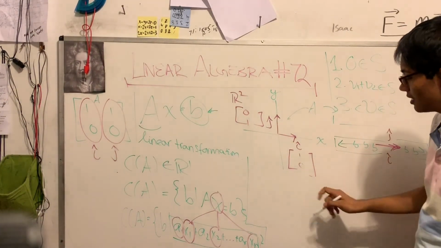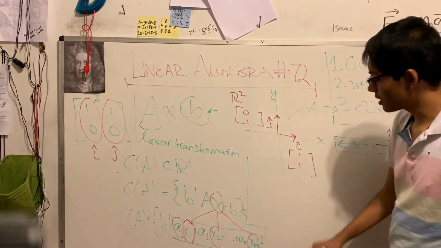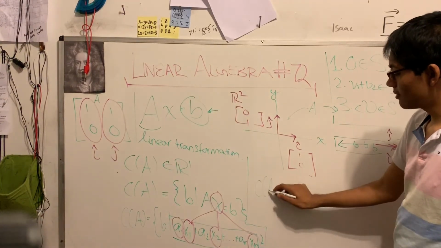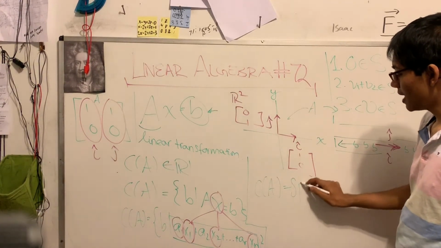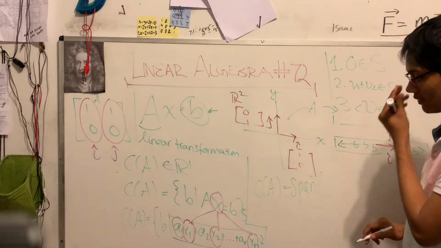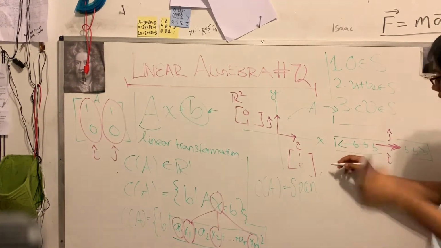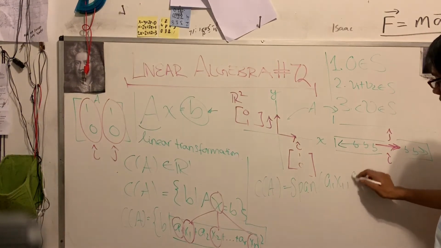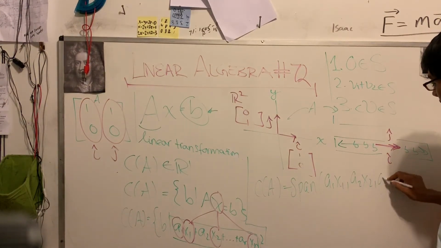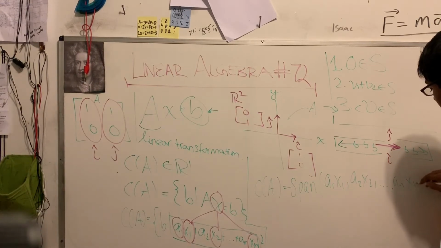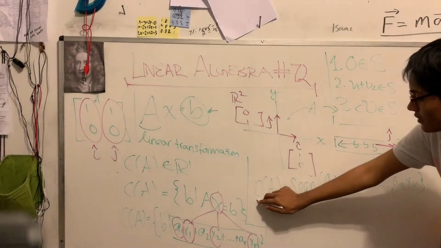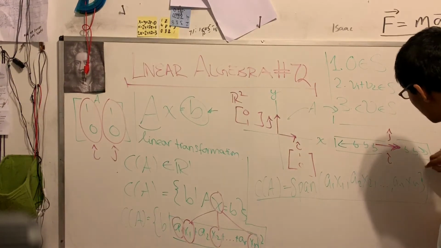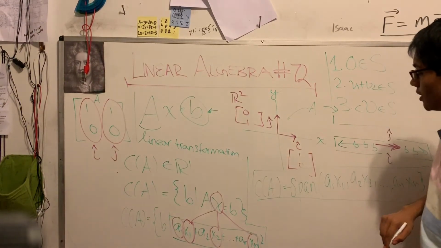So what does that mean? That means what we've come to here, the column space. The column space can be simply thought of as the span of all these vectors, a1, x1, a2, x2, a3, x3, all the way to an, xn. Now we've simplified the column space into a span expression.